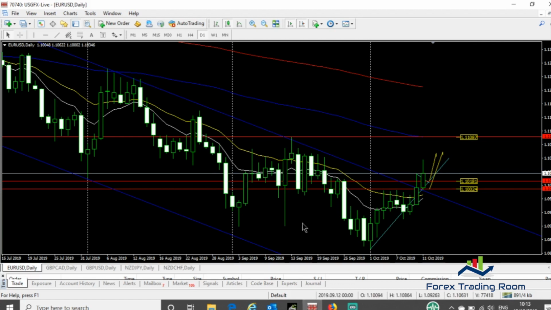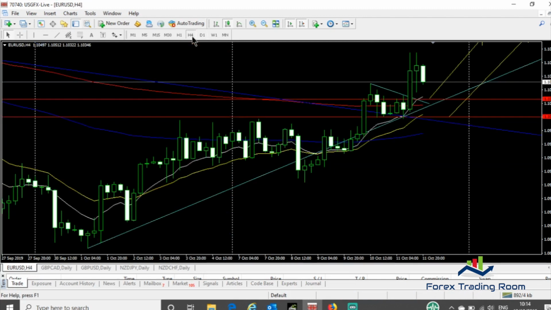The euro dollar is looking to break out of a downward trend. We've had a good break of the channel. If we look at the 4-hour chart, last week we were talking about this bullish flag.